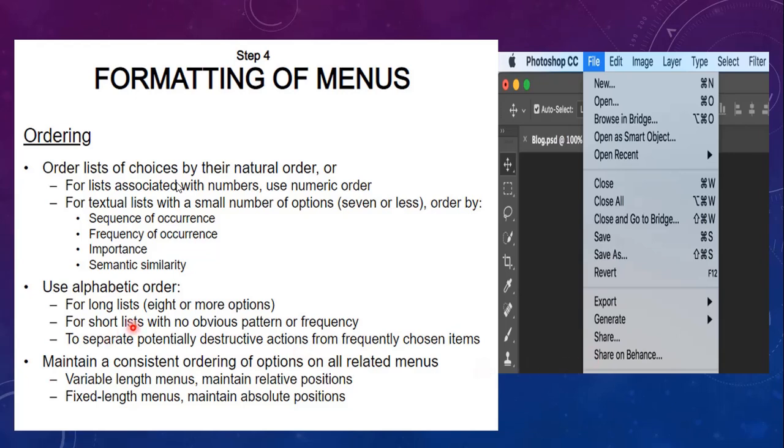And next is maintain a consistent ordering of options on all related menus. There may be variable length menus, where you maintain relative positions, and fixed length menus, where you maintain absolute positions. And do not reorder the menus. Your menus have to be static in nature.